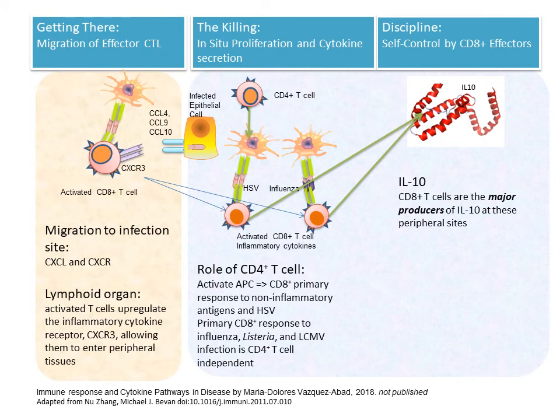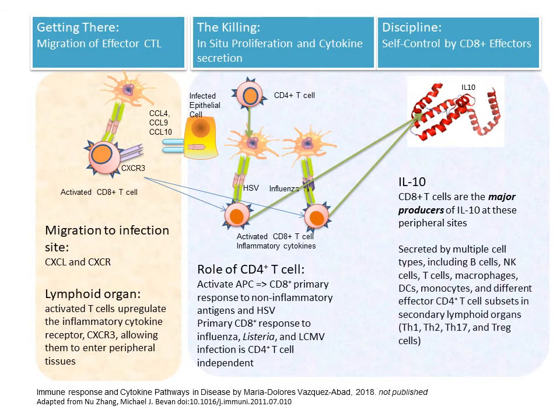Interleukin-10 is basically produced in the peripheral tissues by the CD8 T cells, the same ones that produced inflammation. But it is very important to say that publications have more and more identified where the genes for IL-10 are and which cells can actually synthesize IL-10.